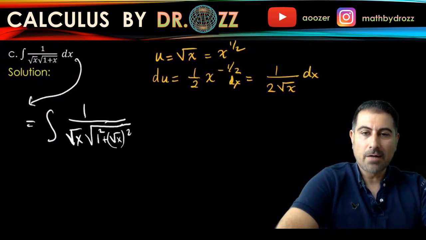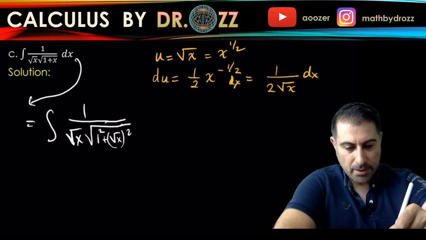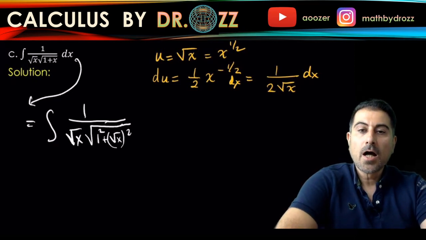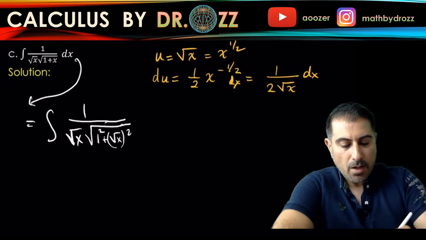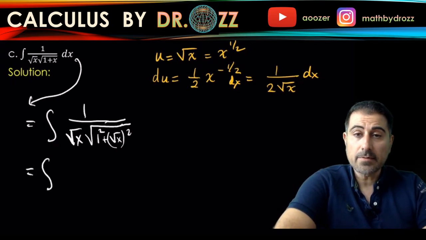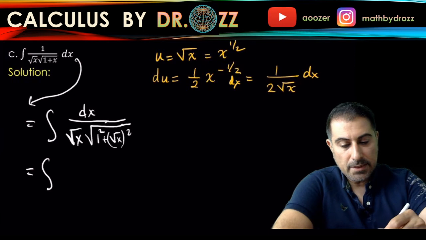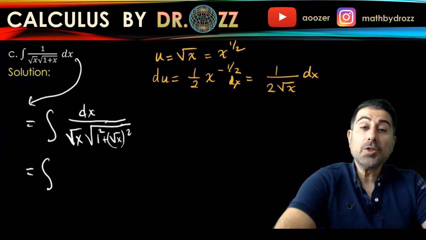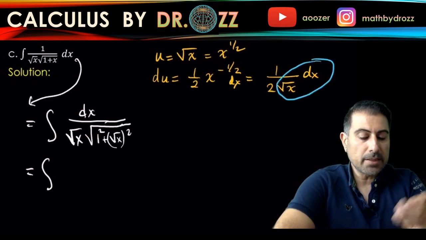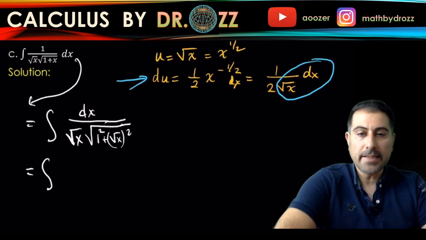We have dx. So let's go back to the original integral and rewrite it in terms of u only. I have dx in the integral as well; don't forget that. So first of all, dx over radical x is 2 du, because if you multiply this equation by 2, it becomes 2 du equals 1 over radical x dx.